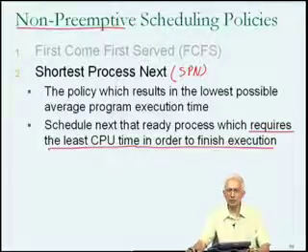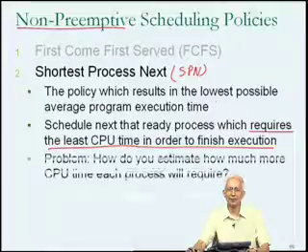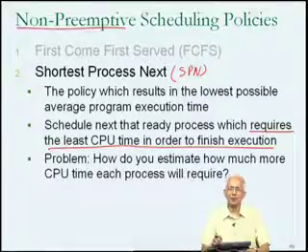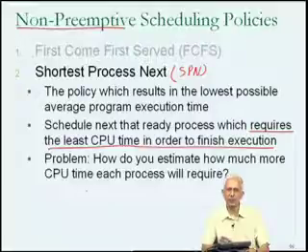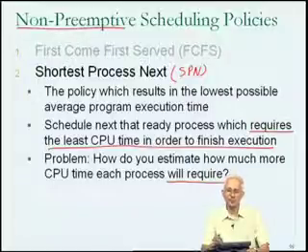It does of course suffer from a minor problem in that one has to be able to get a good estimate about how much CPU time each process will require, which often makes it infeasible. But if one is able to get good estimates of how much CPU time each process will require, notice the problem here is that this requires looking into the future and is therefore always problematic.